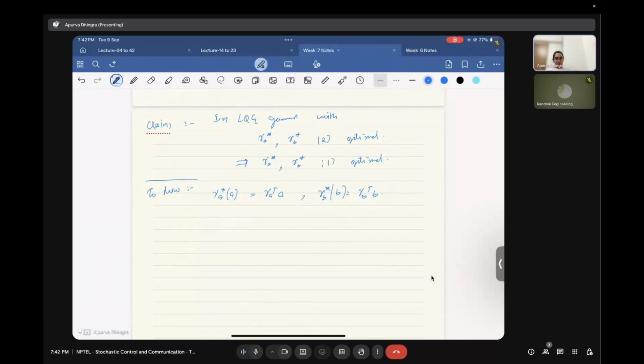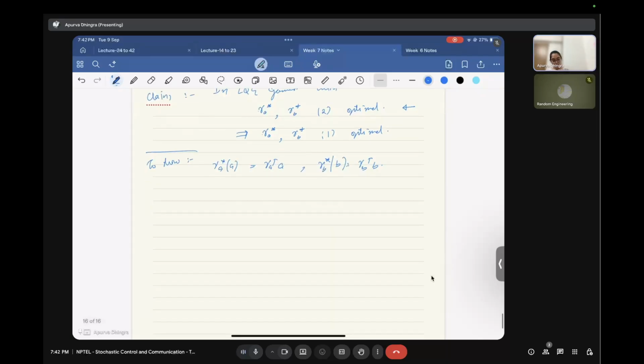Since the process requires us to start with the person-by-person optimal, let's focus on finding the person-by-person optimal itself. To find it, what do we have to do? We have to fix one of them, and if we are fixing one of them, something conditional will come up. Let's fix gamma B. Let's say this is fixed, whatever it is, one function is fixed.